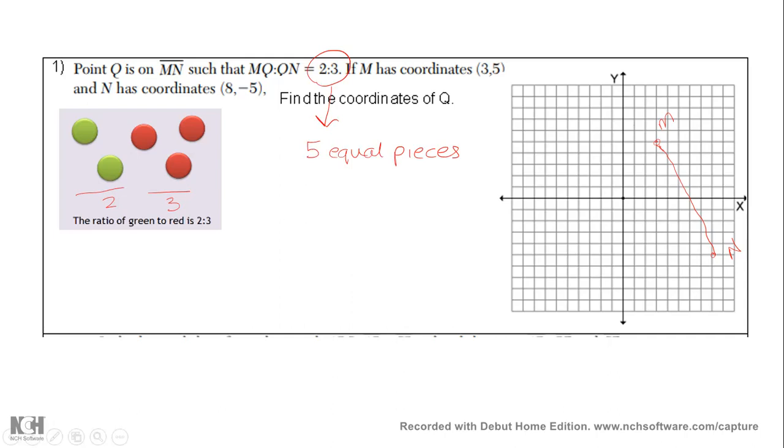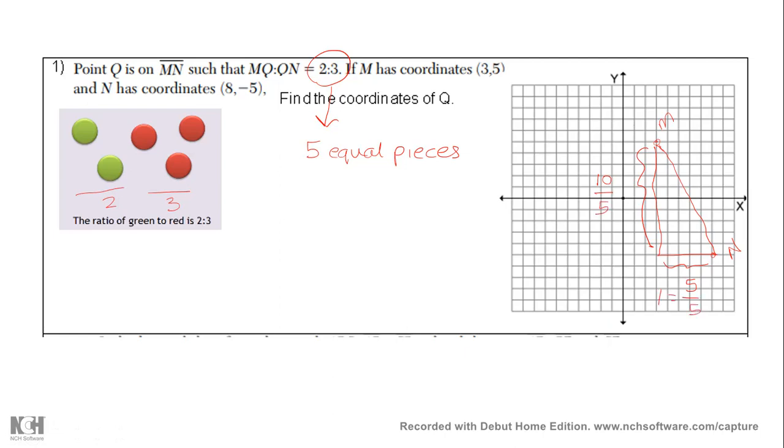I'm going to do this graphically, which means I'm going to draw a right triangle and count each side. There's 5 pieces here and 10 pieces here. Since I want to divide the segment into 5 equal pieces, I'm going to divide both of those by 5.